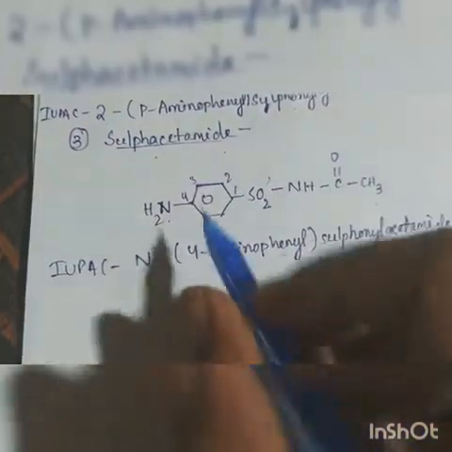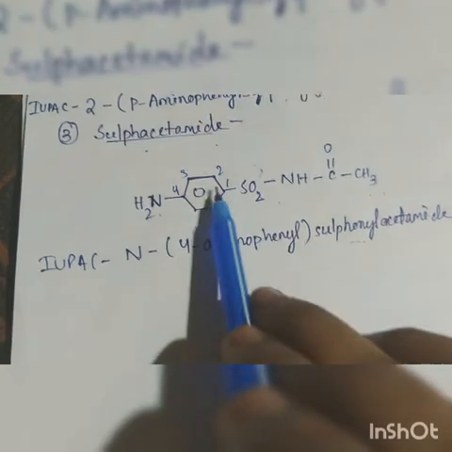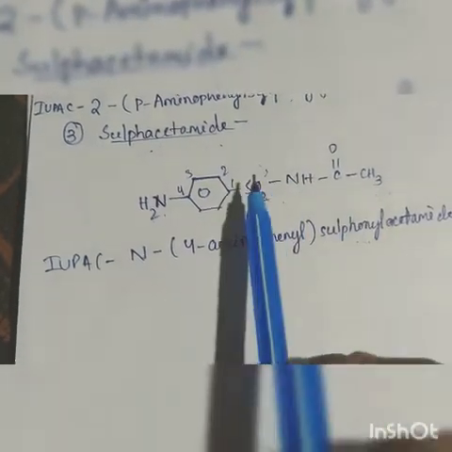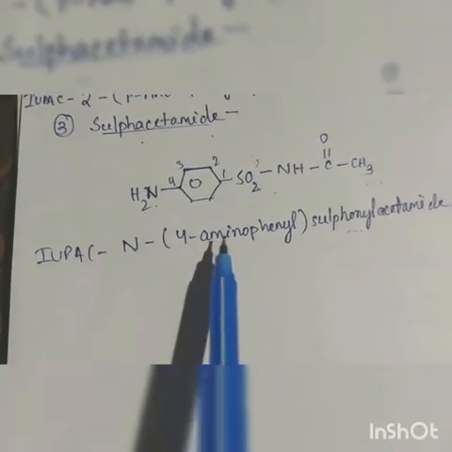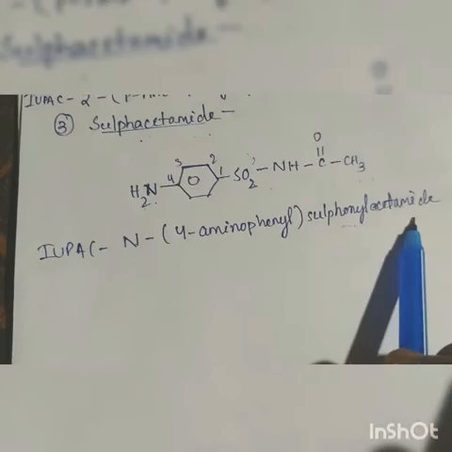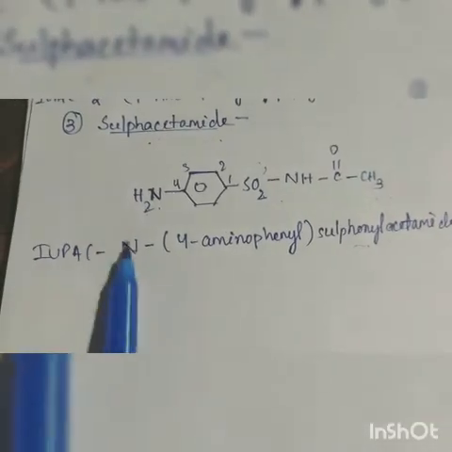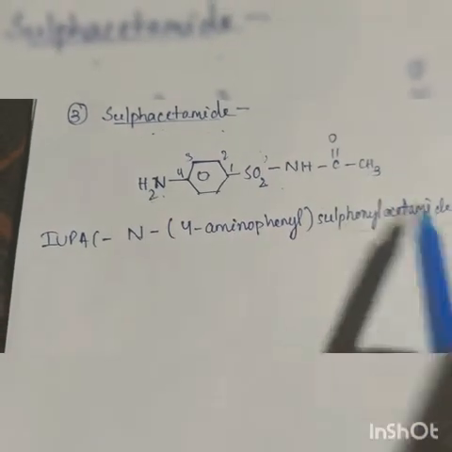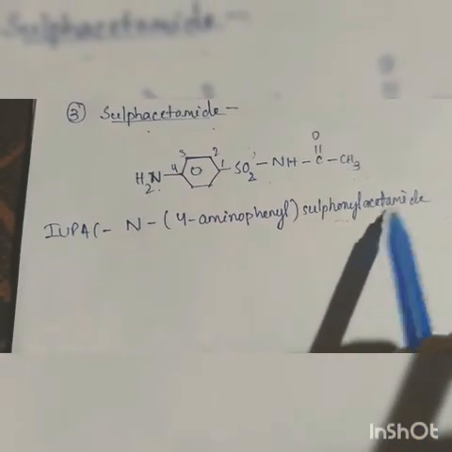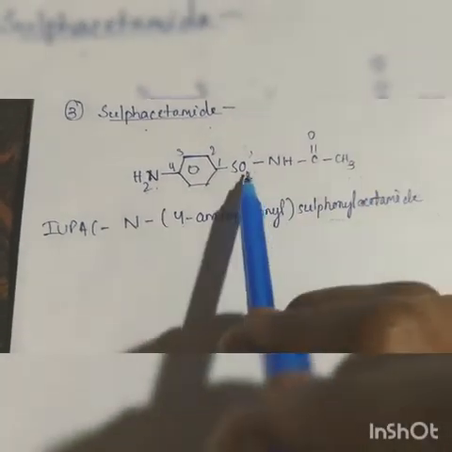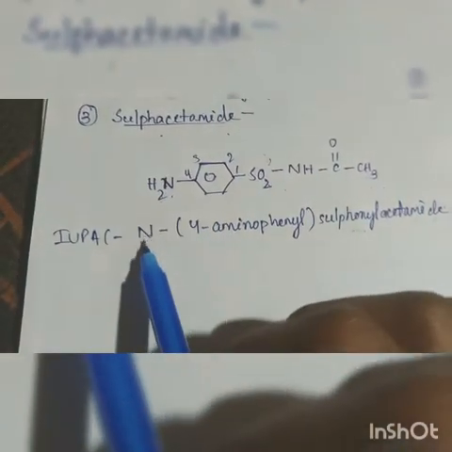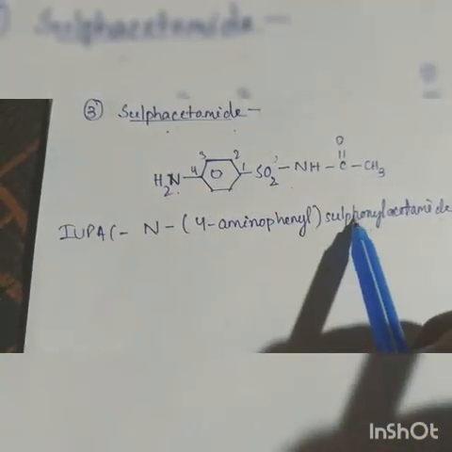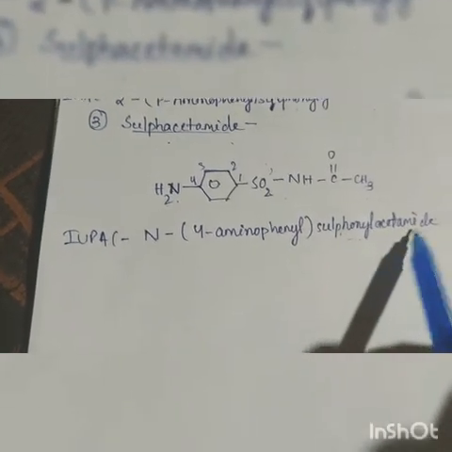So the 4th position NH2 we write as 4-aminophenyl with sulfonyl acetamide. So N-4-aminophenyl sulfonyl acetamide. This N is written because of the amide group. This is your sulfonyl acetamide. In acetamide, the N is where this total group is attached, so we write N-attached 4-aminophenyl with sulfonyl also attached, and acetamide. Okay.